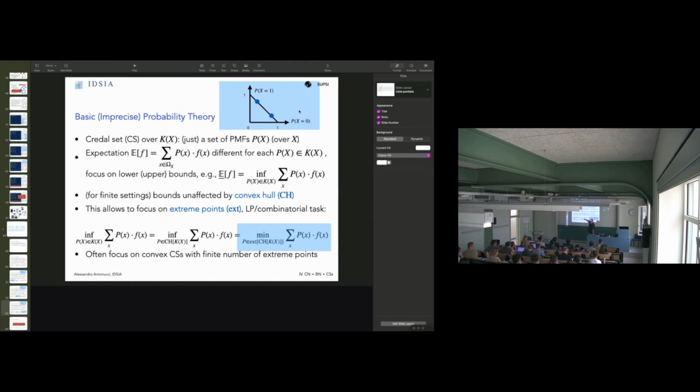Not for expected value. For other tasks, you can find a situation where the two have different answers.